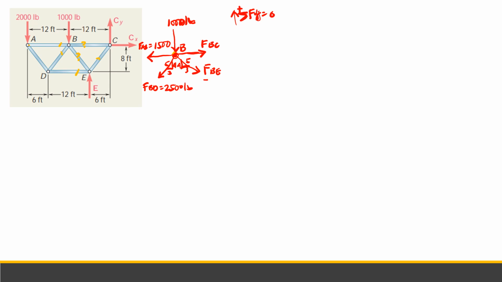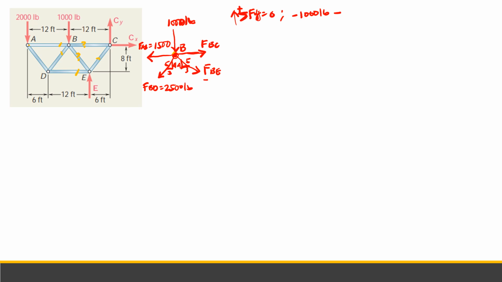Okay? So first is yung given natin. Downward means negative, so that is negative 1,000 pounds, minus FBD, so that is downward yung Y component ng FBD.